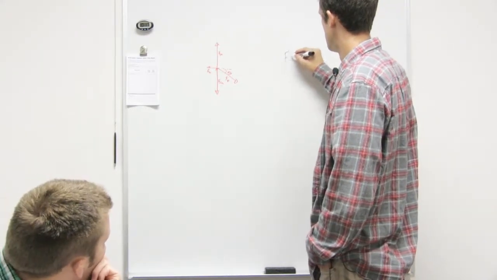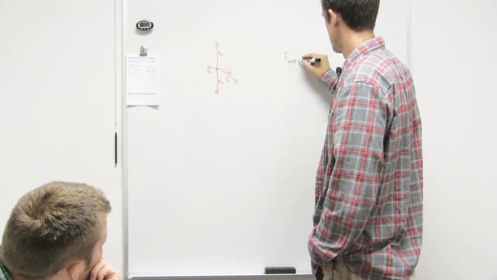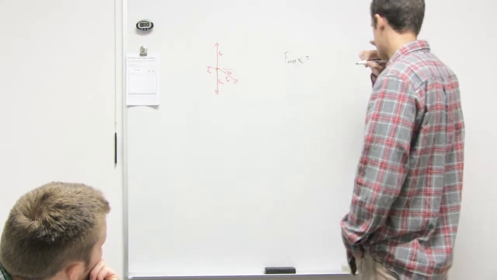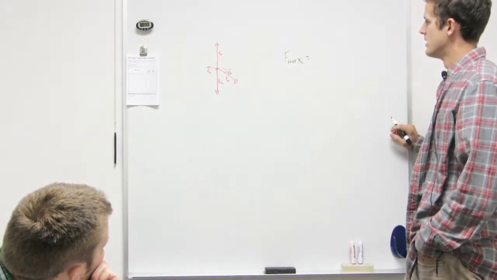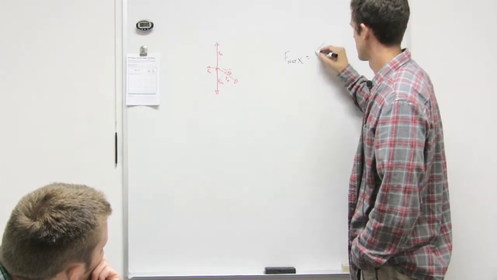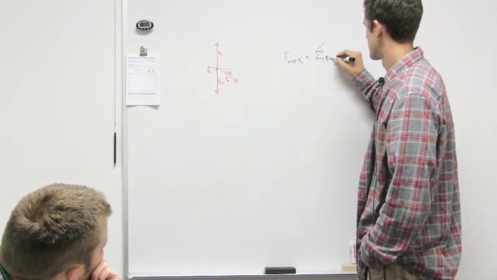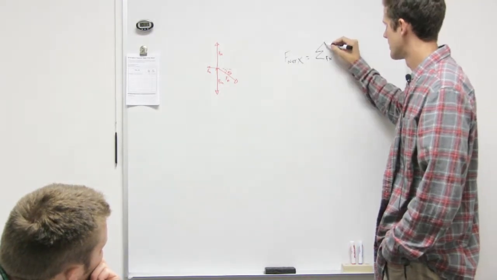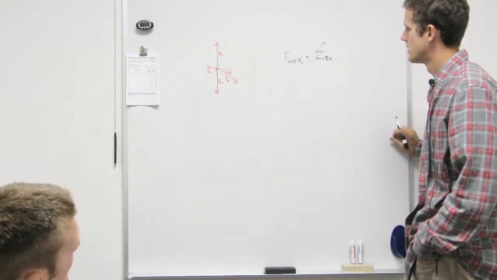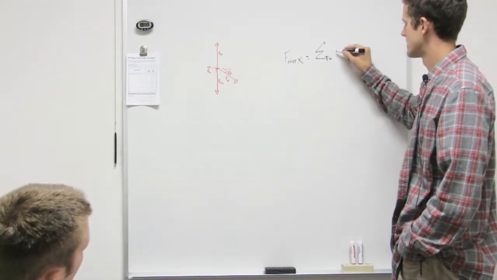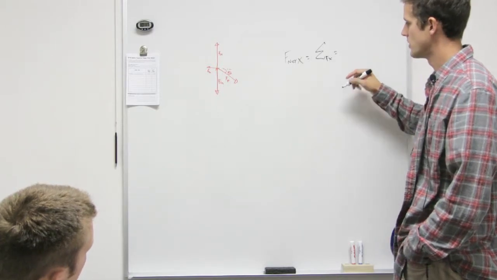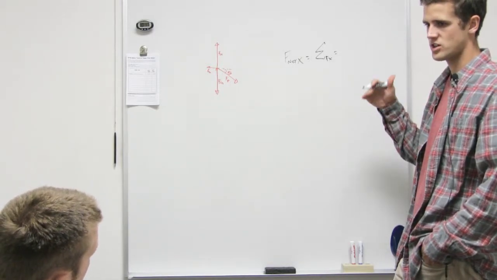This is when you do the sum of all the forces in x. And that's equal to, you just take anything that's in the x direction and you add it up.